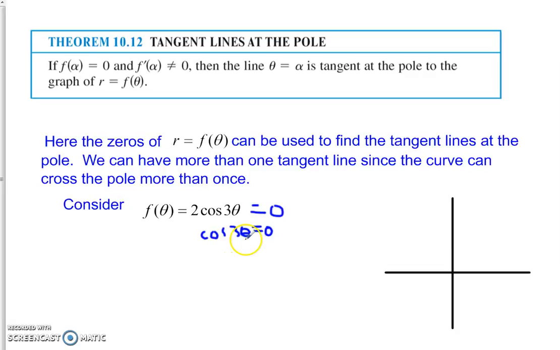And the cosine function equals 0 at pi over 2, at 3 pi over 2, and so forth and so on. But this is cosine of 3 theta, so we're going to have to say that 3 theta equals pi over 2, which implies that theta is pi over 6.